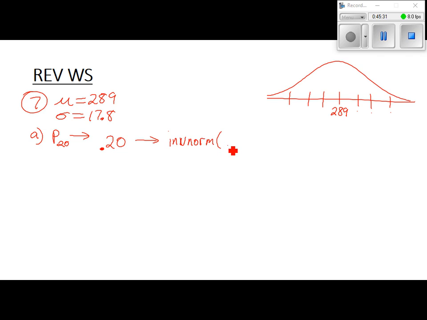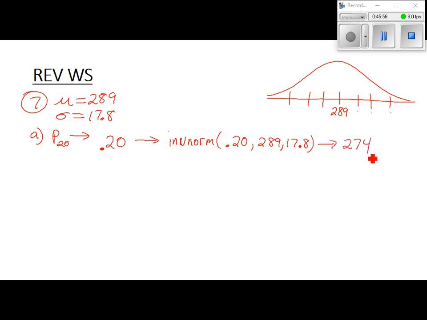So we put in the area, which is 0.20, and then we put in the mean and standard deviation, 289 and 17.8. And that's going to give us out the raw score, the score that fits what we're talking about in our data. It's just 274.